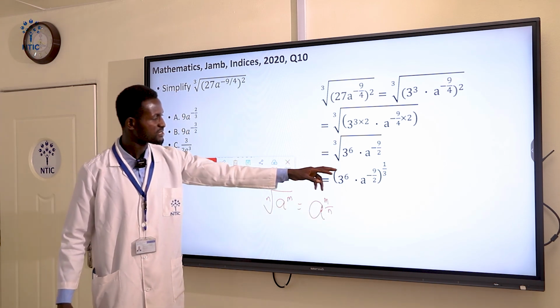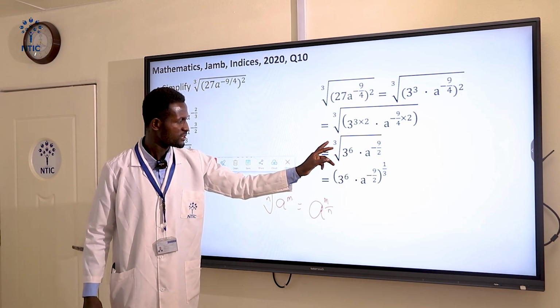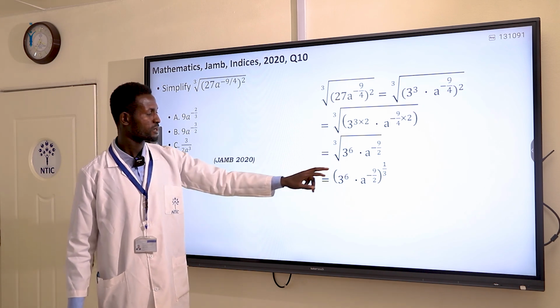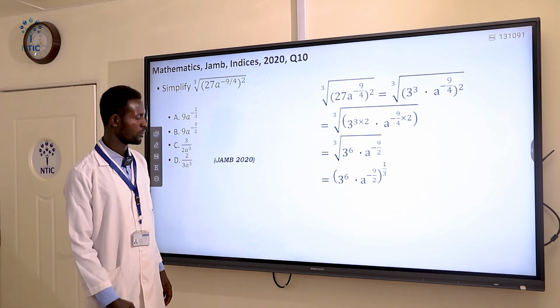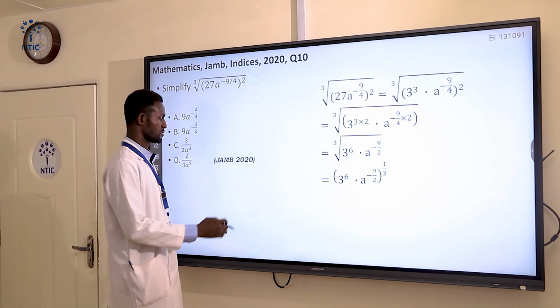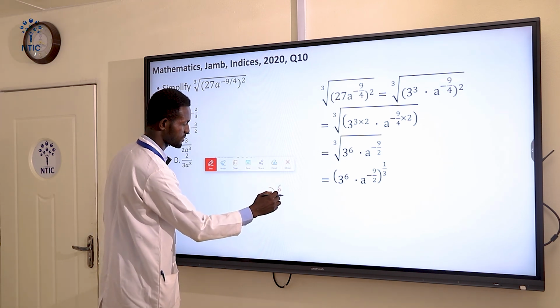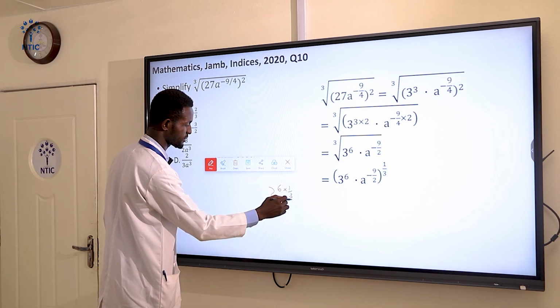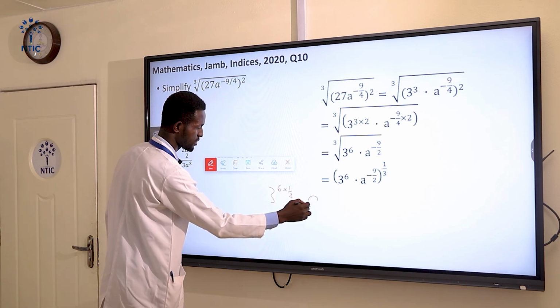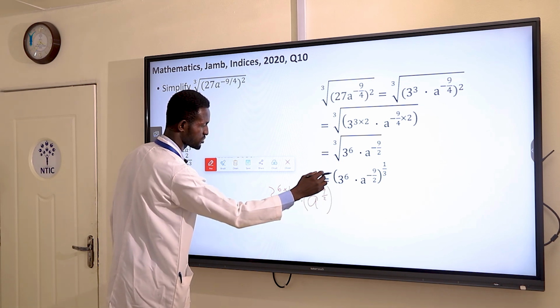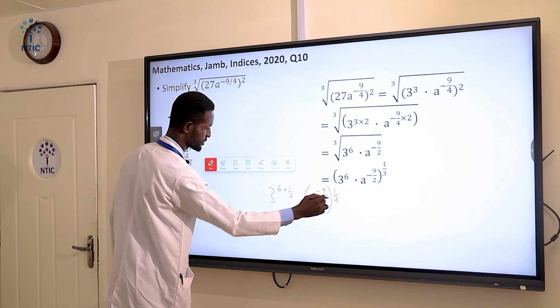The same is applied here, you can see this 3 coming here. Then if we do that, we get 3 raised to power 6 times 1 over 3 times a raised to power minus 9 over 2 times 1 over 3.